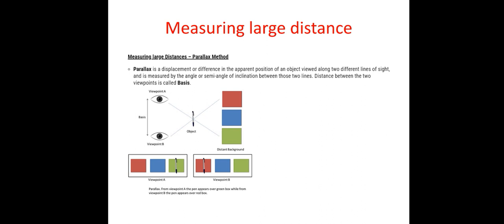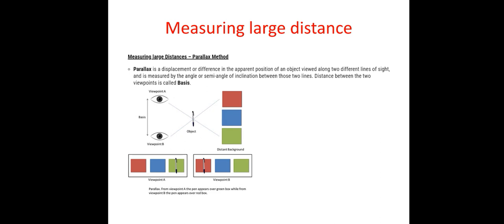So let us see how we can measure large distance objects, like the distance from earth to moon, or earth to sun, etc. To measure large distances, we use a method called parallax.